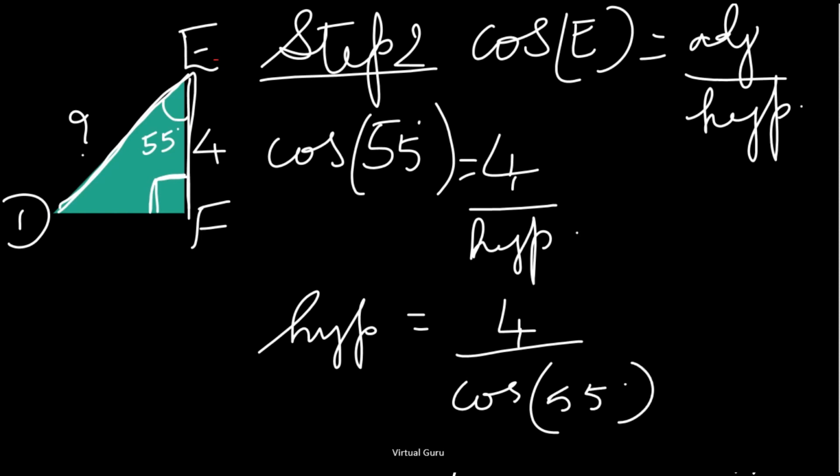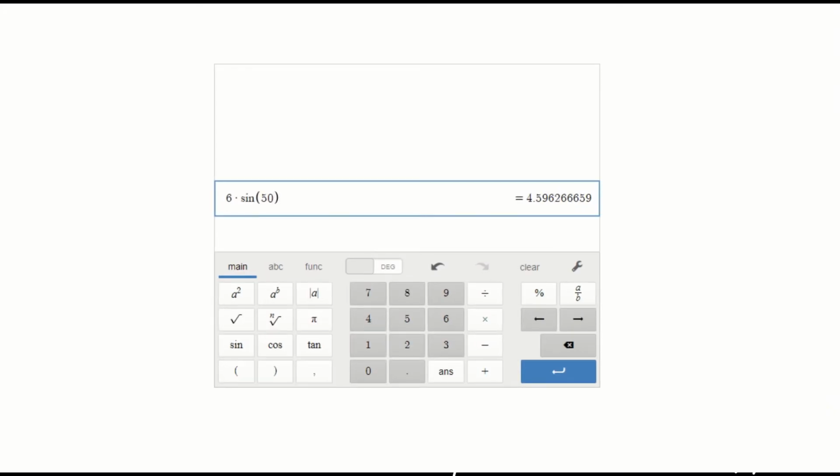I have just rearranged this. Now we will find what is cos 55. First, let me clear this. Then find cos 55, that is 0.57. Then if you do 4 divided by 0.57, that will give you 7.